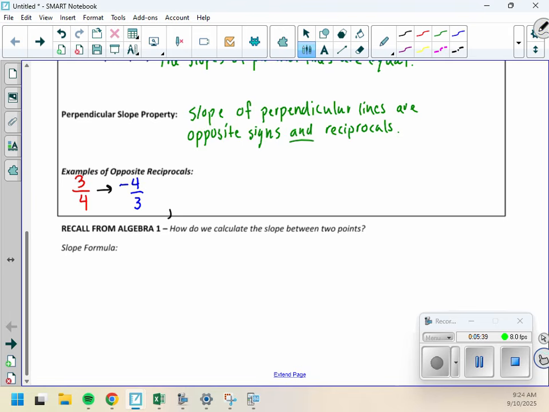If I gave you a slope of 4, that opposite reciprocal would be -1/4.